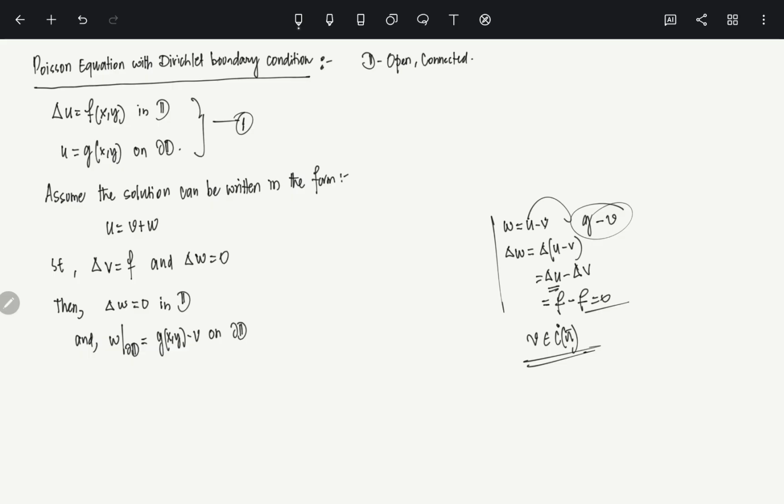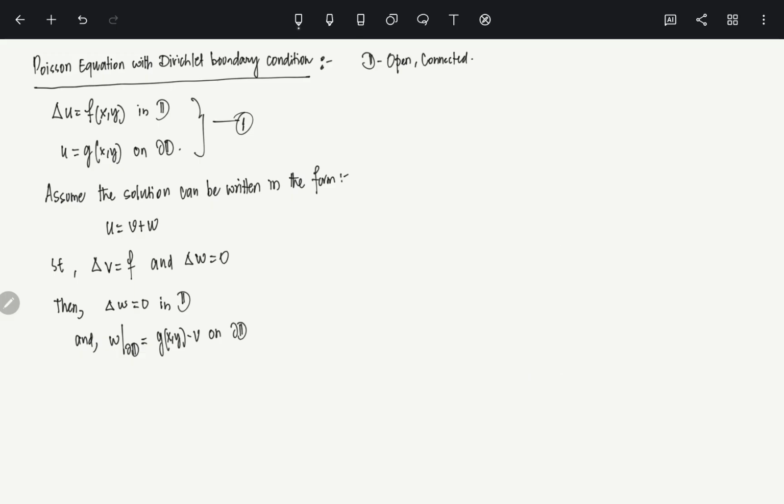Now how do you find a particular solution of this sort of problem? Of course, you see, this method does not really work all the time. You have to understand that. But what we can do is, let's say in this case, F is a polynomial of degree n plus 2.